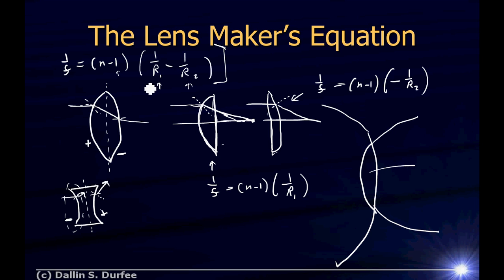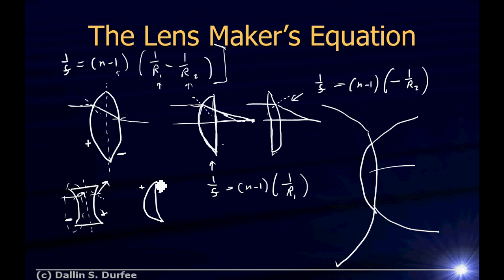Now notice, because of the sign conventions, if you take a lens, let's say I had a lens like this, right? If I look at this, this surface is going to try and make the focal length positive. It's convex, so R must be positive here. Here, the surface is trying to make the light diverge. It's a concave surface, right? That's going to try and make f more negative, but I already have a minus sign in front of here, so both of those radii of curvature would be positive for this one right here.